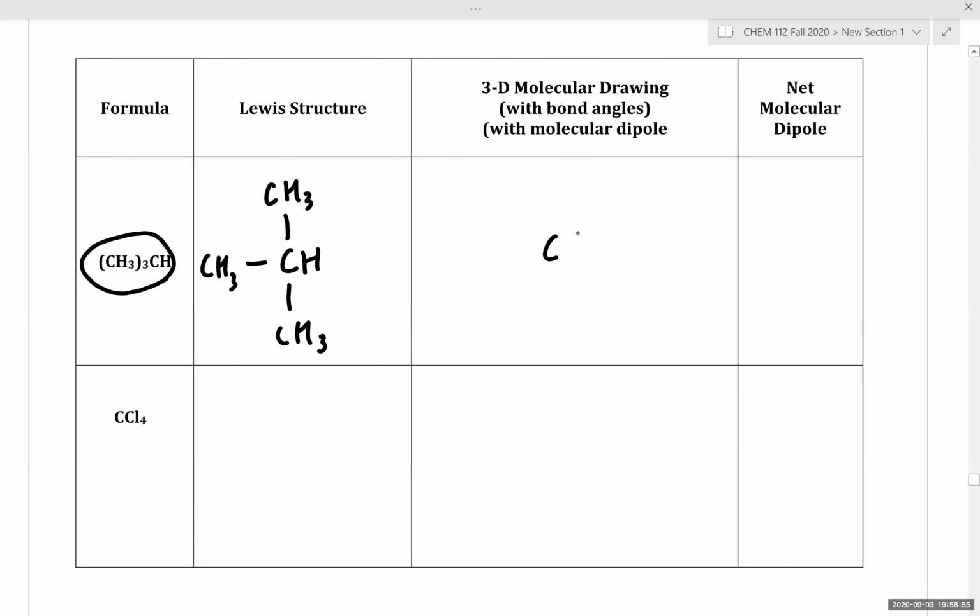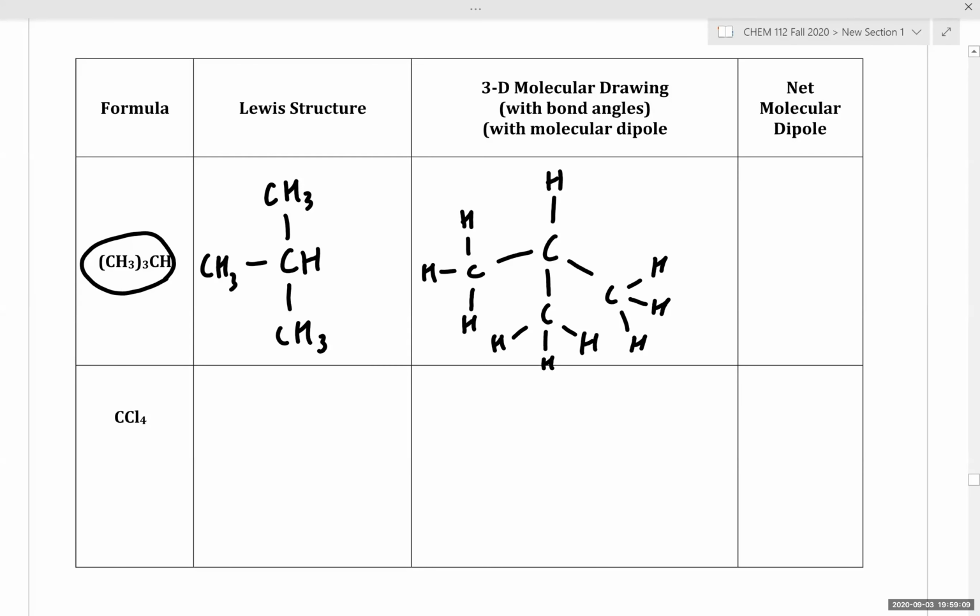So to draw out our full three-dimensional molecular drawing, here we go. Now, do we have any significantly polar bonds in this molecule? No, so there's no net molecular dipole because the bonds aren't significantly polarized.